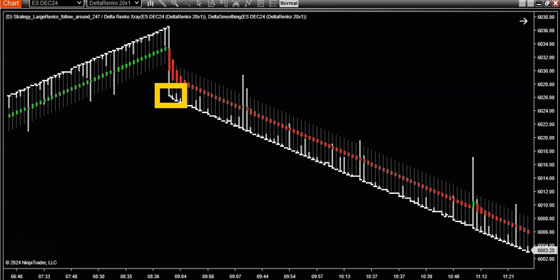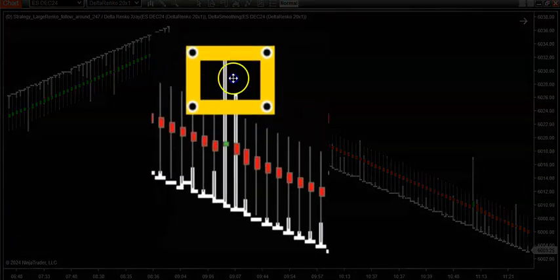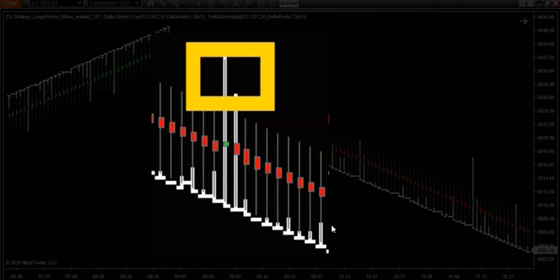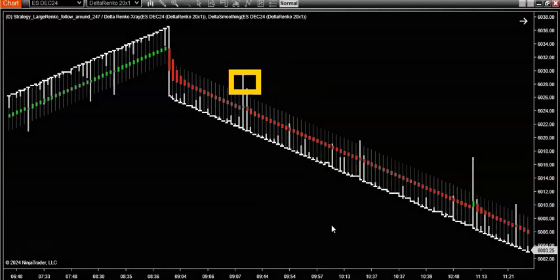Now, a second way to potentially play the Delta Renko charts is you could also wait for nice deep retracements like this. As many of you guys and gals know, I'm a huge believer in retracements, and if someone were to ask me what is the way that Mark is doing it, I like to wait for the pullbacks, these nice deep retracements. And there's nothing wrong with either technique.